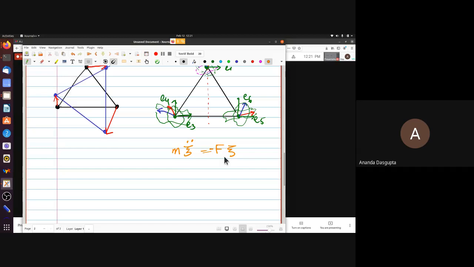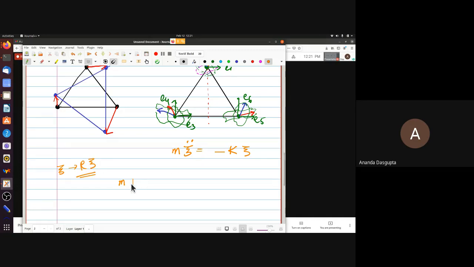Minus f zeta, where f is, I wrote it k last time, I guess. So let's use the same language. So this is a spring constant matrix, which is relevant for small oscillations. And this is the equation that you will have for the original one. Now, suppose I do some kind of rotation or reflection, some symmetry operation on the system, which leaves the system intact. Then what will happen? If I did any transformation, xi becomes r xi.